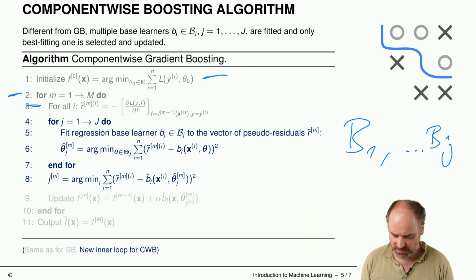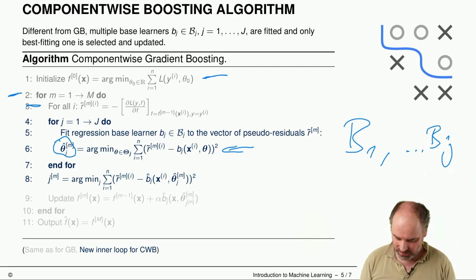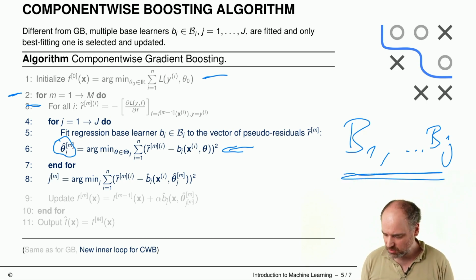We fit it against our vector of pseudo-residuals, and that gives rise to the best parameterized version of that base learner. So we get our hands on the optimal parameterization. We put that away into memory, into a little table, but we also store the SSE that we get for that specific parameterization. Then we do that again for capital B2, for capital B3, and so on, until we have swept through that complete pool.